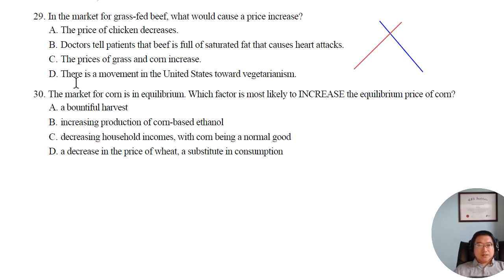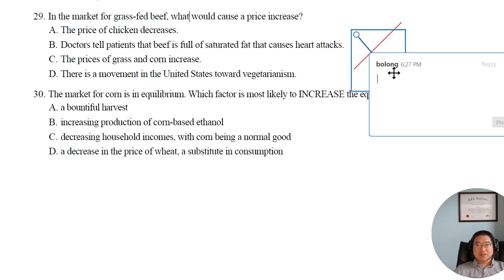How about D? There is a movement in the United States towards vegetarianism. So more people only eat vegetables, something like that. I'm not a vegetarian, so I don't know. But basically, what it says, they do not eat beef. They don't want beef in their diet, so the demand decrease, right?